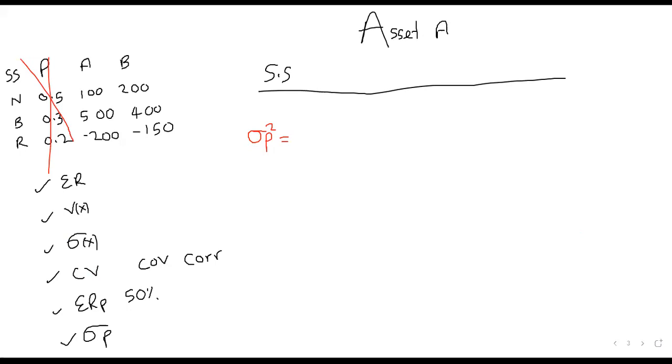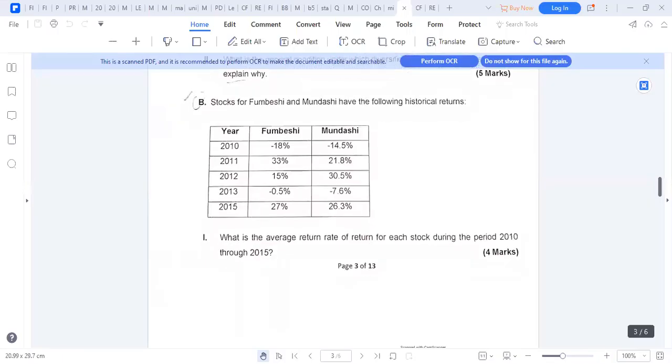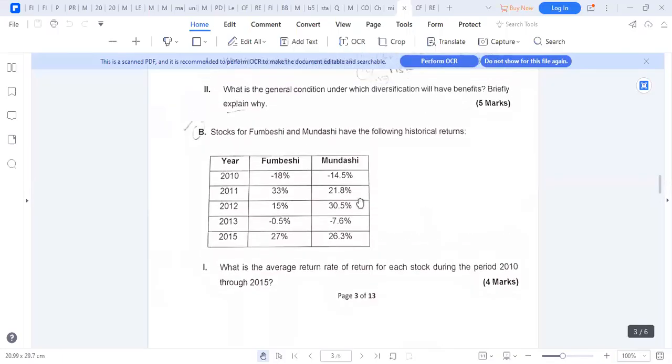So let's go to this exam paper. It's for last year. We are given stocks from 2010 to 2015, and the returns are as follows. What is the return of each stock from 2010 to 2015?